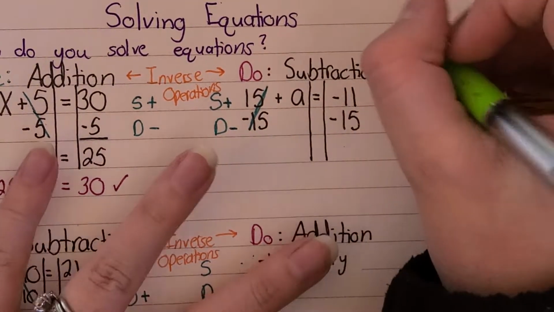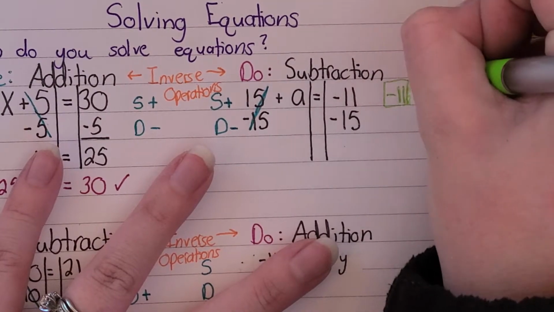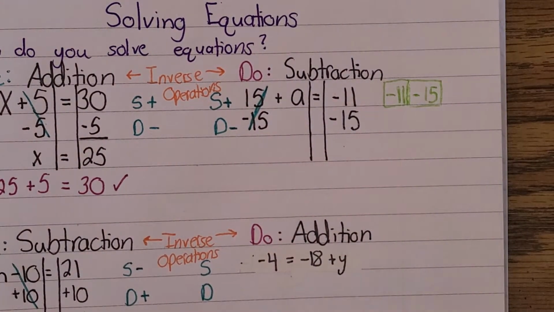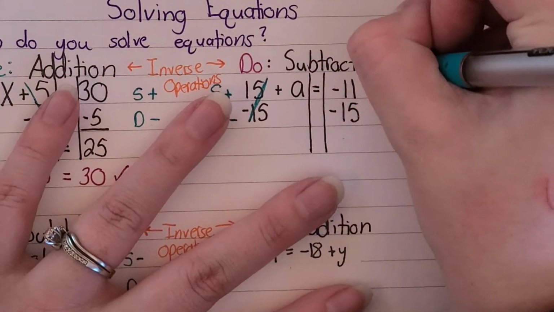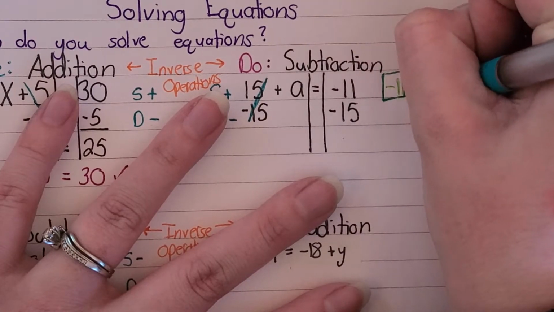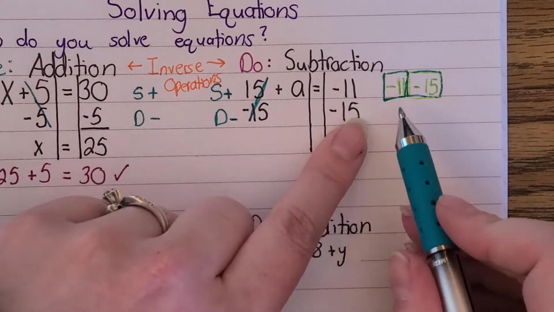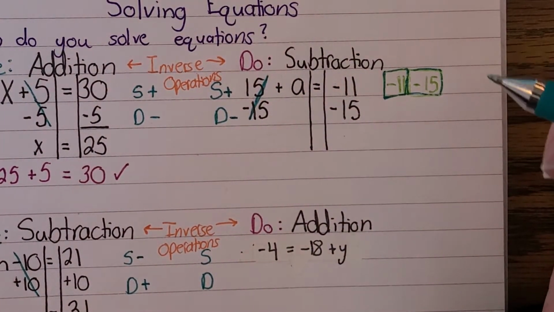Okay. Box your numbers with the symbol to their left. All right, and now we have negative 11 and negative 15. Same signs, add and keep, different signs, subtract.